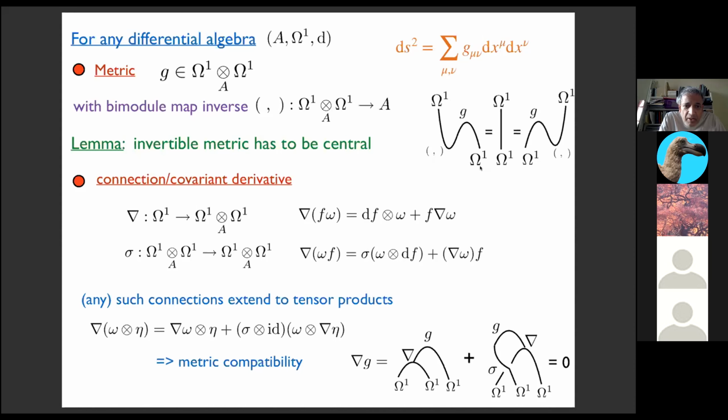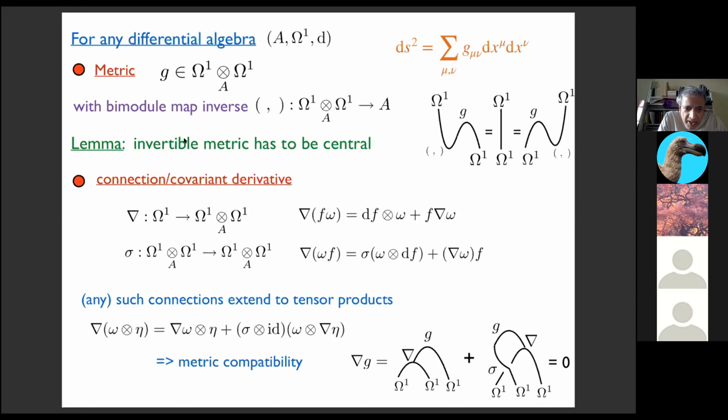Now, one thing which is not at all obvious, and I think some referees still don't believe it when we submit our papers, is that when you impose these conditions, they look very innocent, but if this inner product is going to be strictly tensorial, a bimodule map, then it actually forces G to be in the center.